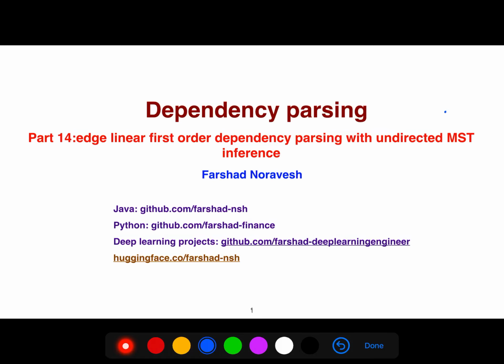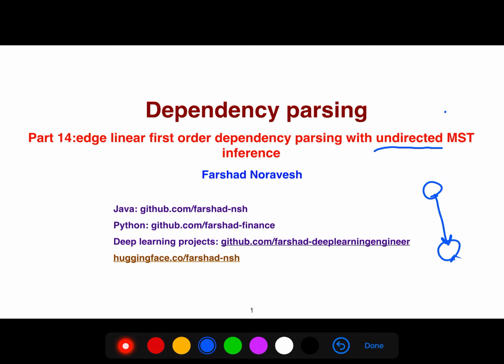Now I want to explain this article, edge linear first order dependency parsing with undirected maximum spanning tree inference. You know that a dependency tree is a directed graph, because you need to know the direction from head to dependent.